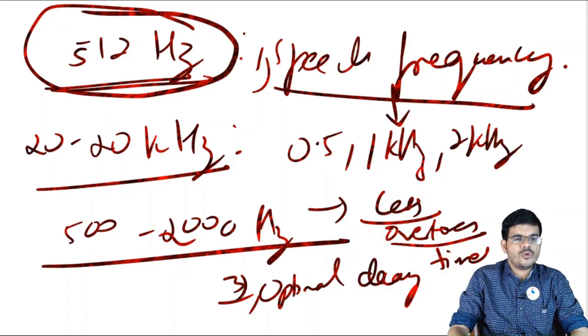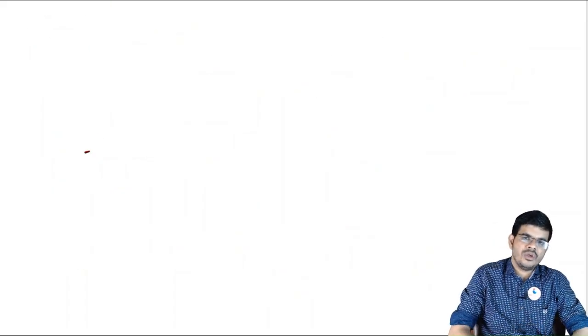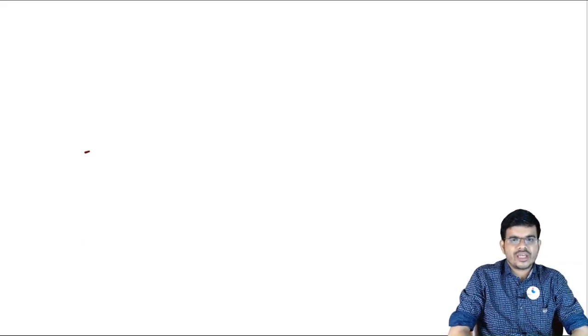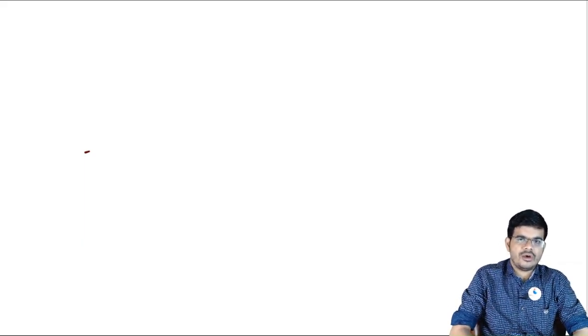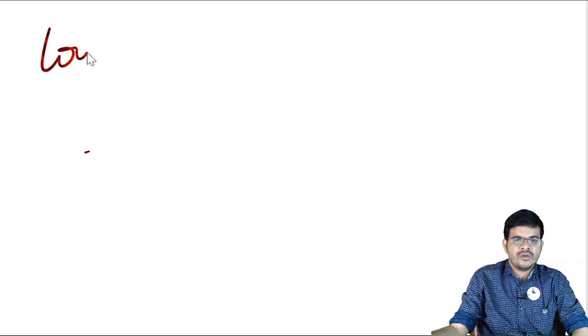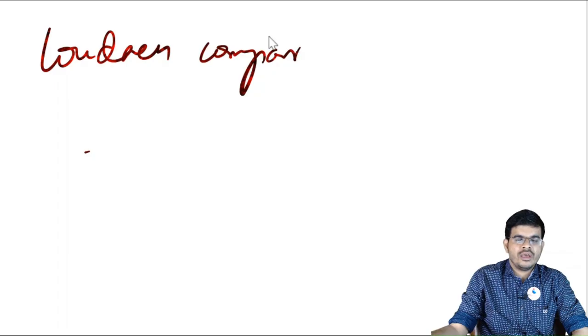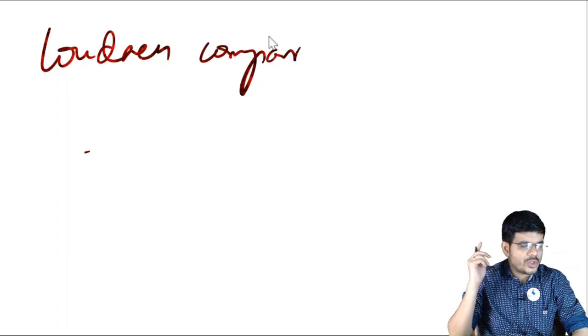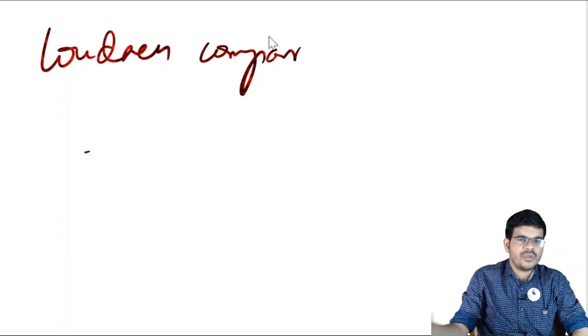Now how will you do Rinne's test? Rinne's test can be done in two methods. One is the loudness comparison test, and the second one is the threshold comparison test. In the loudness comparison test, first of all, you keep the tuning fork in front of the external auditory canal, about 2.5 centimeters from it.